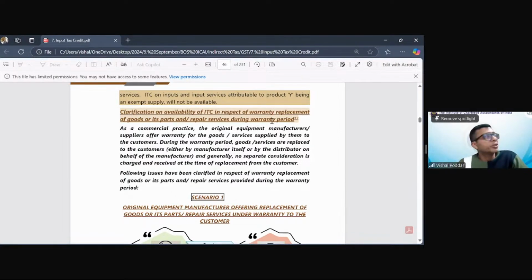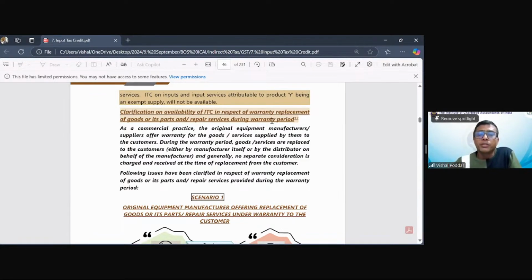Now, the whole question or dispute is that when I am replacing any part under warranty, and obviously it has to be replaced free. That is, in other words, when I'm providing this picture tube to the customer free of cost, whether it will require me to reverse because I have provided it free of cost.